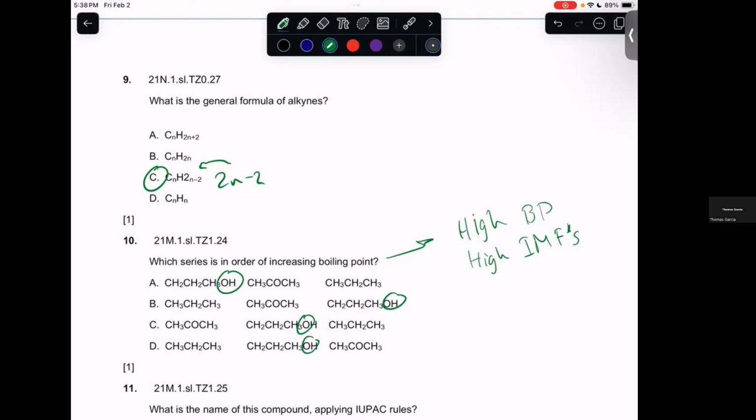All right, right off the bat, the only alcohol I see is in B at the end, at the highest. If we want to get really specific about it, we go from this first one having only LDFs, the second one introducing dipoles, with the ketone, and the third one introducing H bonding. We are literally going up the strength chart for IMFs.